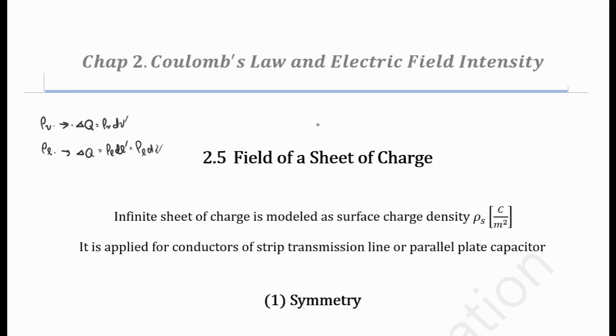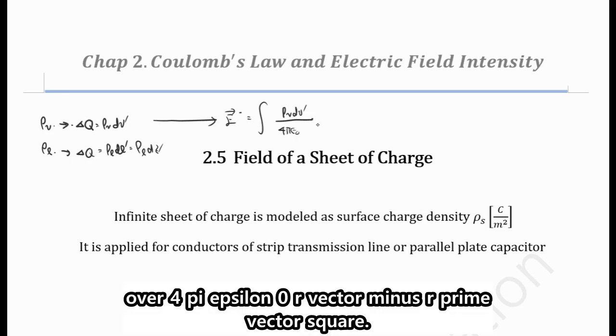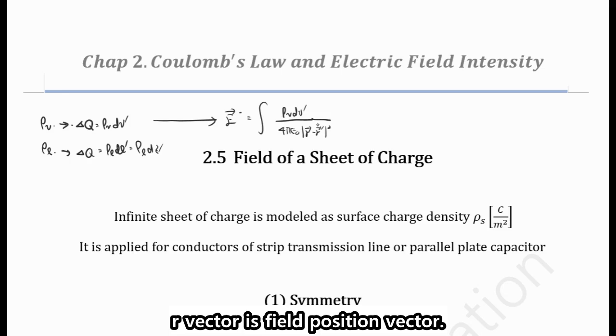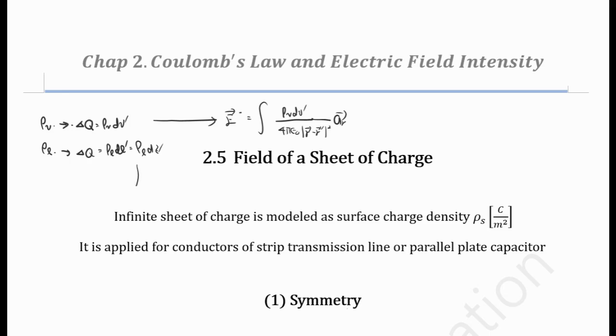The electric field for a volume charge distribution is the integral of rho V dV prime over 4 pi epsilon 0 magnitude of r vector minus r prime vector squared. R vector is the field position vector, r prime vector is the source position vector, and aR is the unit vector.